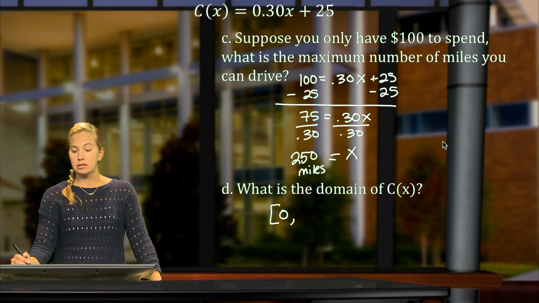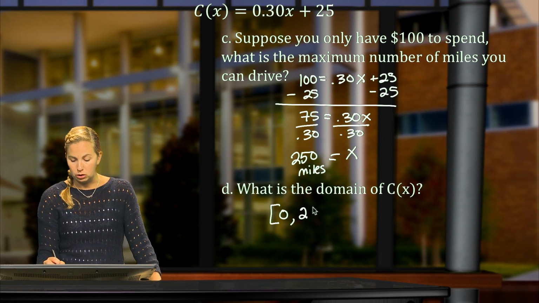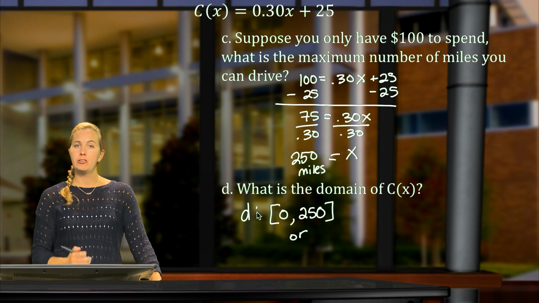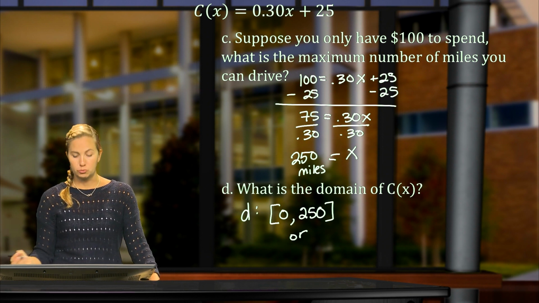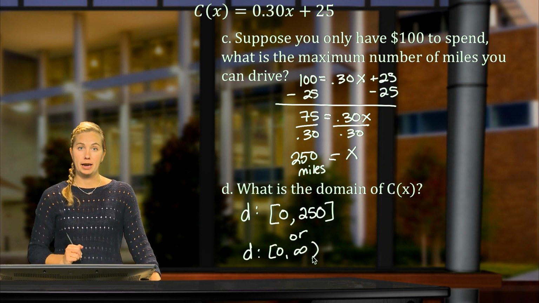If we're using part C, where we have a limit of $100, then our domain only goes to 250. However, if you're not capping yourself at $100, let's say you have an unlimited budget for this rental truck, then our domain will go from 0 to possibly infinitely many miles.